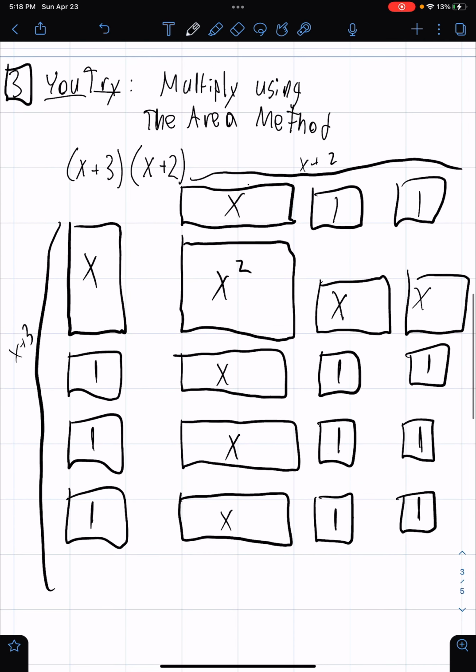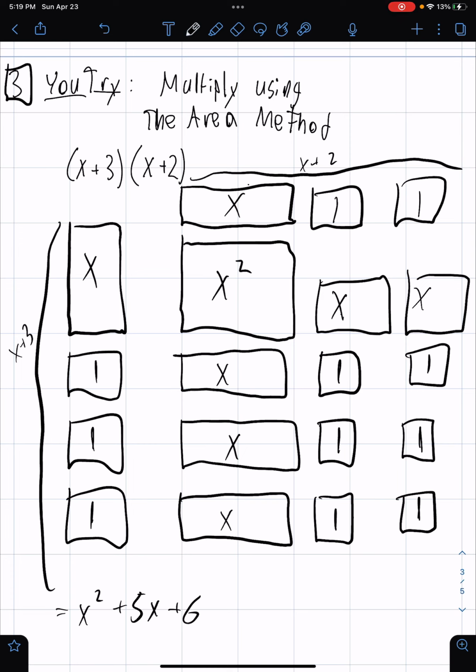So then we would combine the like terms, and in our answer we would get x squared plus 5x plus 6.